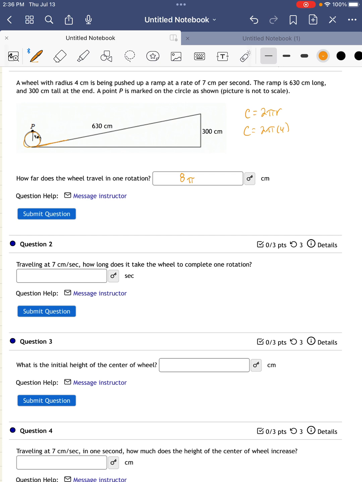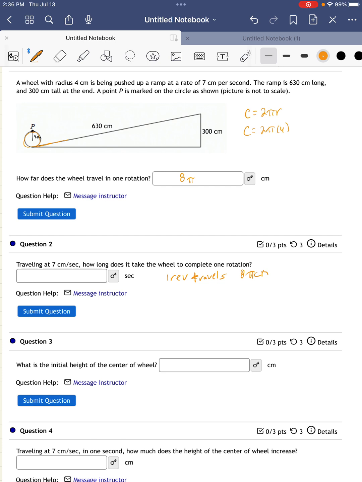Traveling at 7 centimeters per second, how long does it take the wheel to complete one revolution? In one revolution, we saw that it travels a distance of 8 pi centimeters.